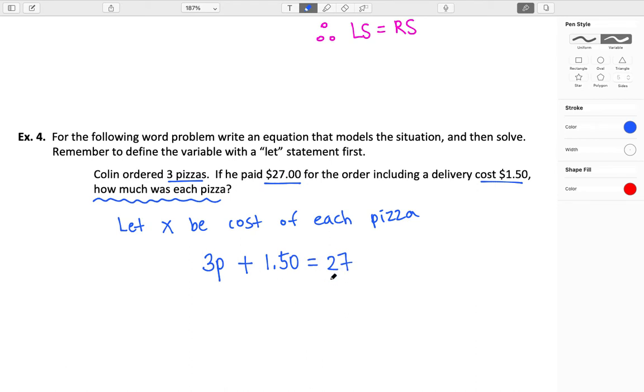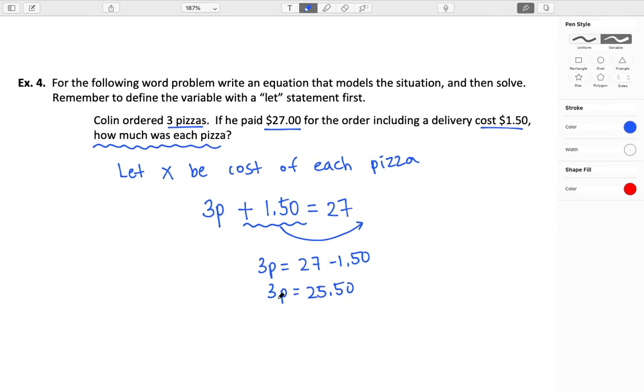After we set up the equation, I'm going to move positive 1.5 to the right side, collecting the like terms. So 3p is equal to 25.50. Then I'm going to divide both sides by 3 so that it cancels out. So p is equal to 8.50.